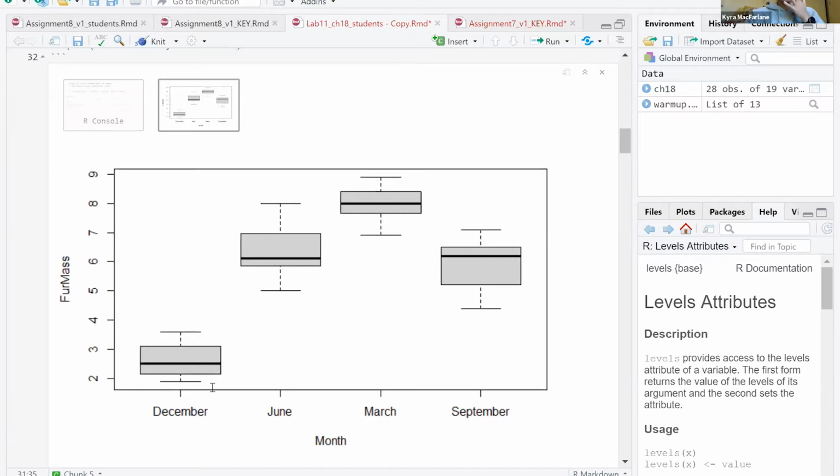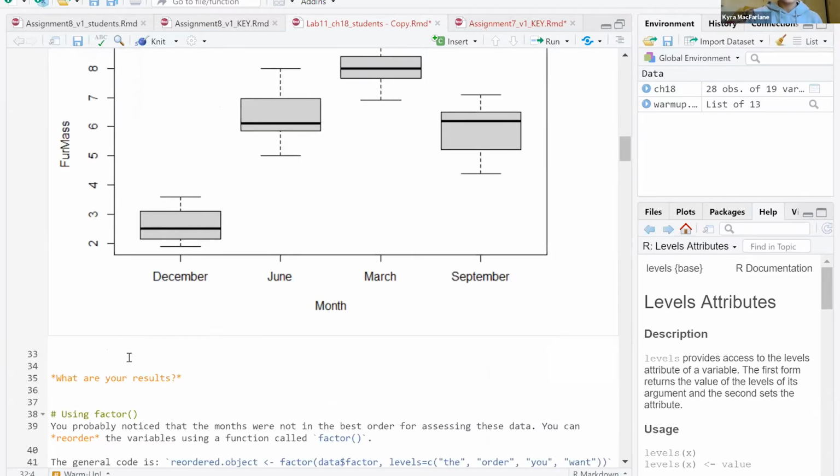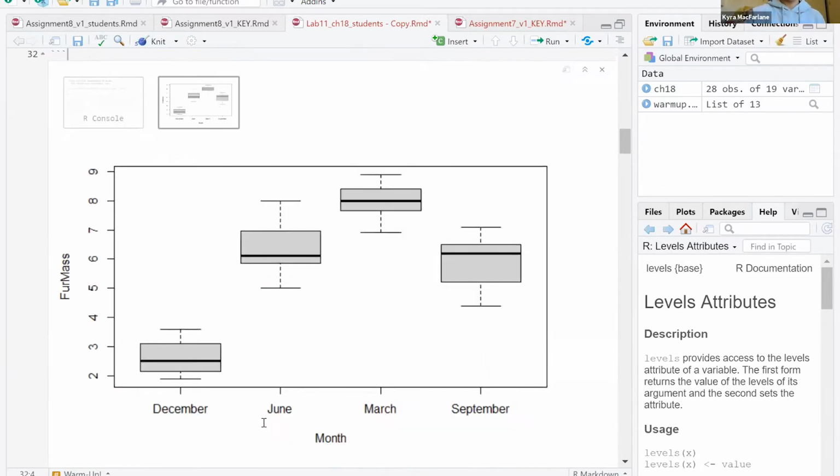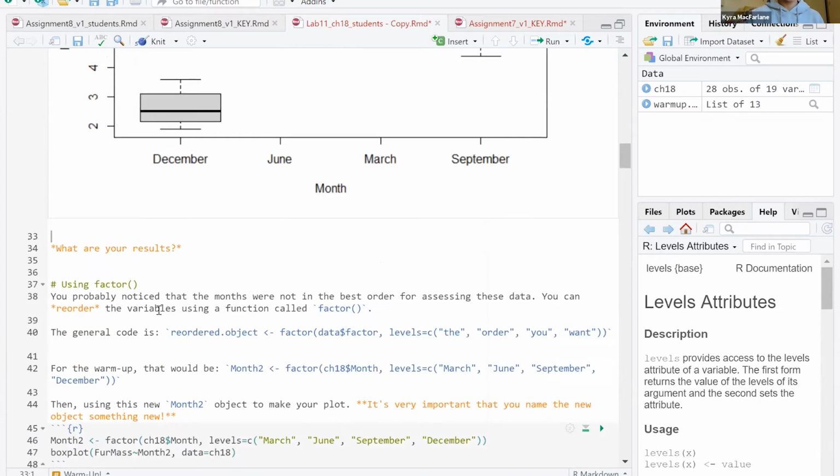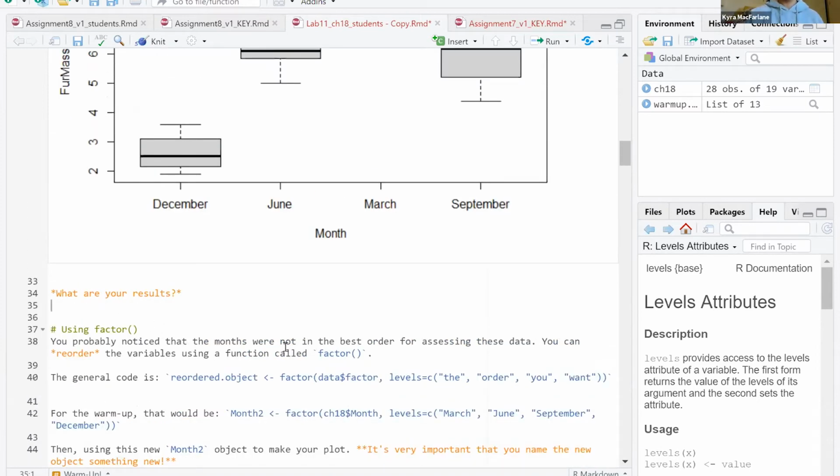So that means December is different from all of these, June and September are not different from each other, and March is different from all of them. December is the lowest, June and September are middling, and then March is the highest. So what are our results?